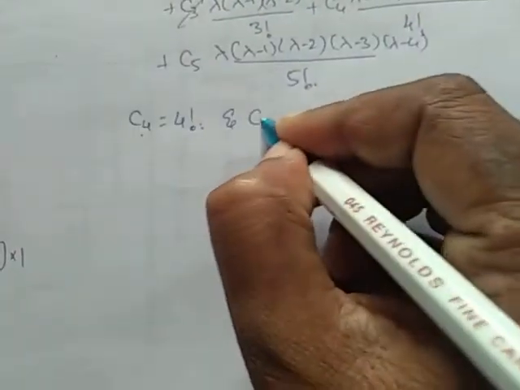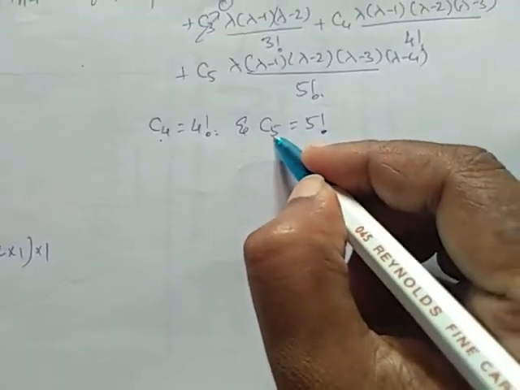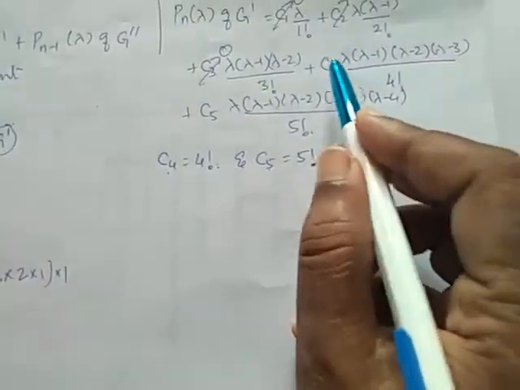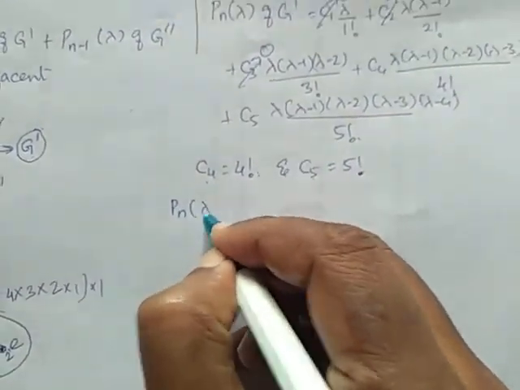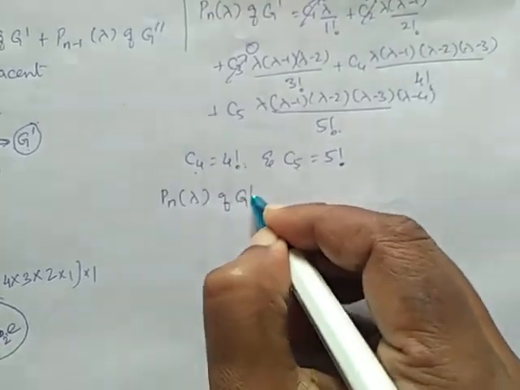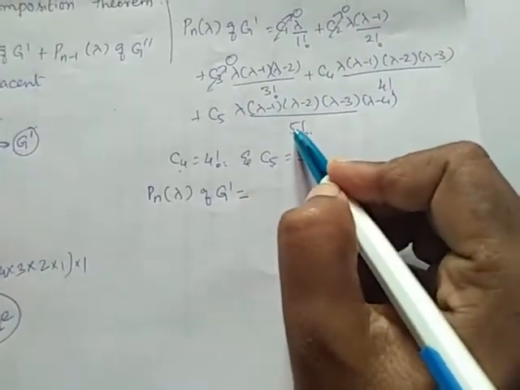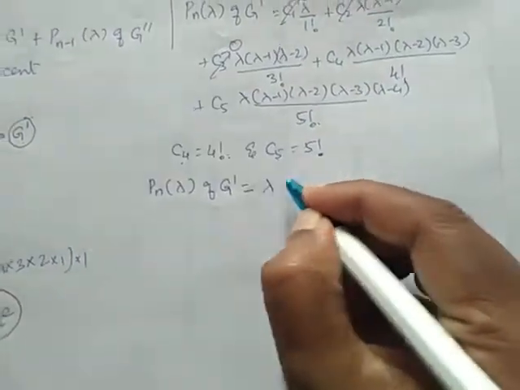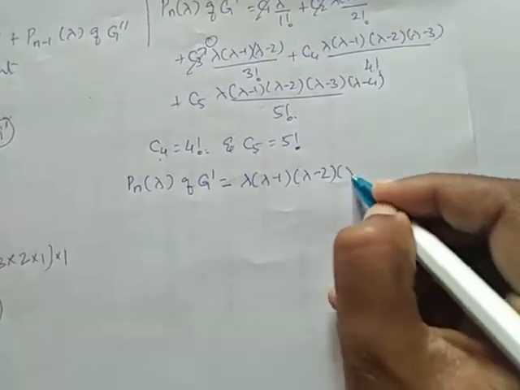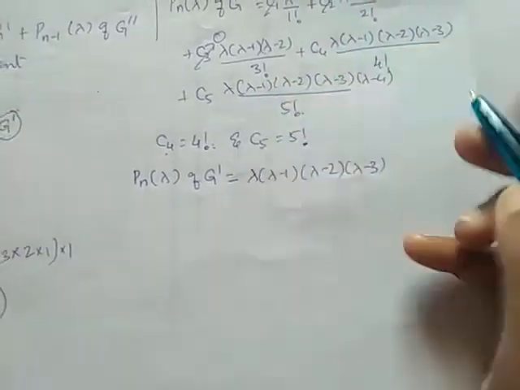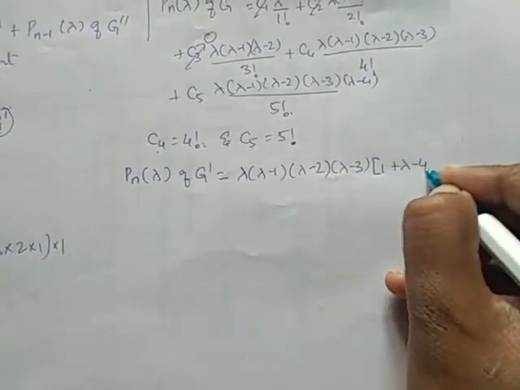Therefore C4 is 4 factorial. And also we know C5 is 5 factorial itself, because n is 5 in this case. So when we substitute 4 factorial and 5 factorial here, Pn of lambda of G dash is equal to, 4 factorial will get cancelled, 5 factorial will get cancelled. So we will have lambda, lambda minus 1, lambda minus 2, lambda minus 3 common. Remaining terms are 1 plus lambda minus 4.